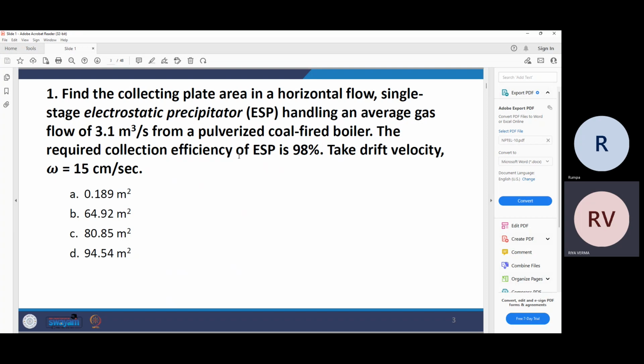The required collection efficiency of the ESP is 98%, and the drift velocity omega is given as 15 centimeters per second. So these are the options given. What do you think will be the approach to solve this kind of question? Any idea, or should we just quickly jump into the solution?